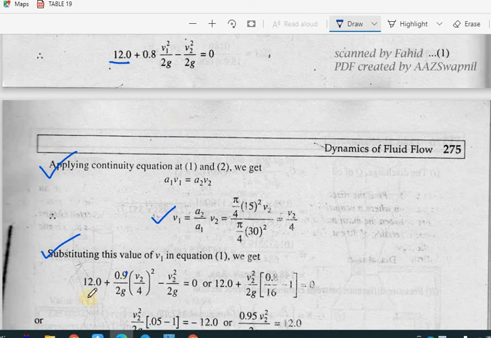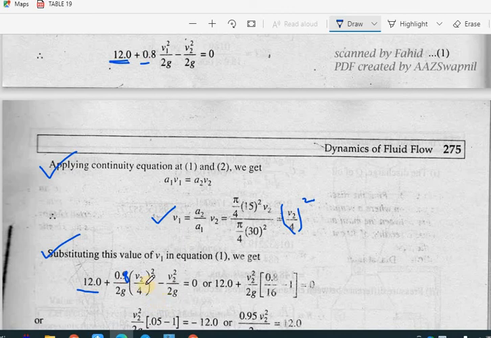I think something is wrong over there. I think this is 0.8. Now you can see that this is the equation: 12 plus 0.8 by 2g, we are taking it as common. We are replacing V1 by V2 by 4, and because it is V1 square, it will be V2 by 4 the whole square, minus V2 square by 2g.